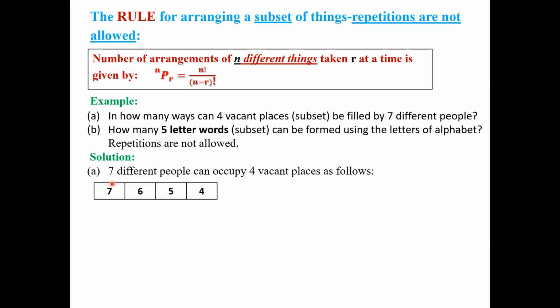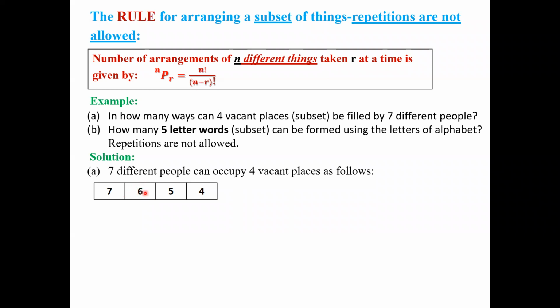When we put 7 here, given that we have 7 different people, vacant place number 1 can be occupied by any of the 7. Once this is occupied, we are left with 6. Then for the second vacant post, any one of the 6 people can occupy it.